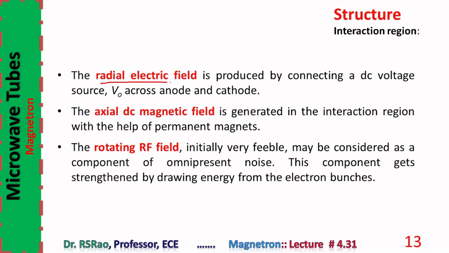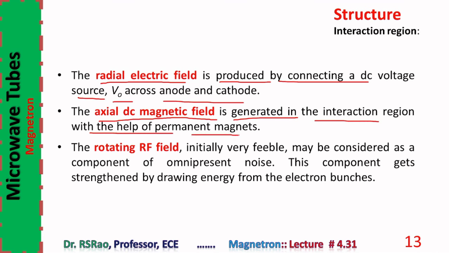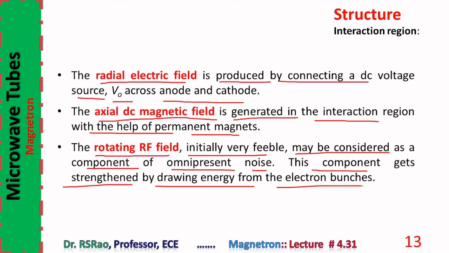The radial electric field is produced by connecting a DC voltage source V0 across anode and cathode. Axial DC magnetic field is generated in the interaction region with the help of permanent magnets. The rotating RF field, initially very feeble, may be considered as a component of omnipresent noise. This component gets strengthened by drawing energy from the electron bunches.